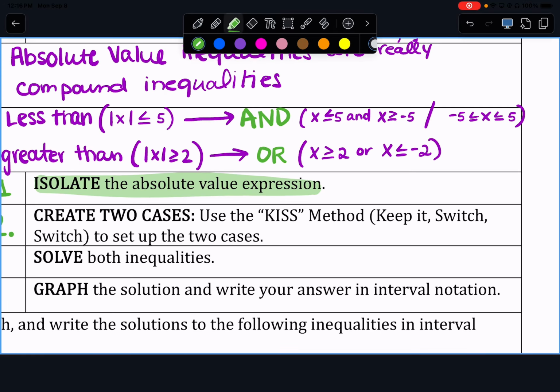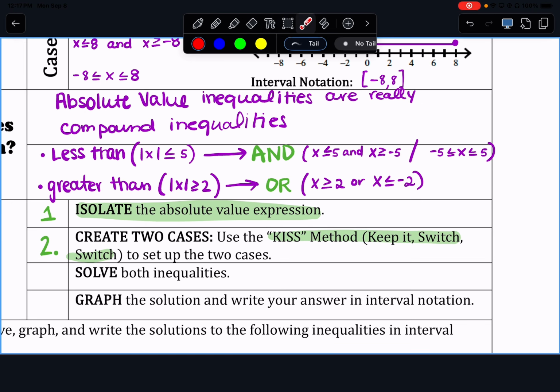There's something called the KISS method to help you remember that. You keep the first one the exact same as you start with, then you switch the inequality, switch the sign. So keep, switch, switch, and that works for both. It just depends on if it's going to be and or or.